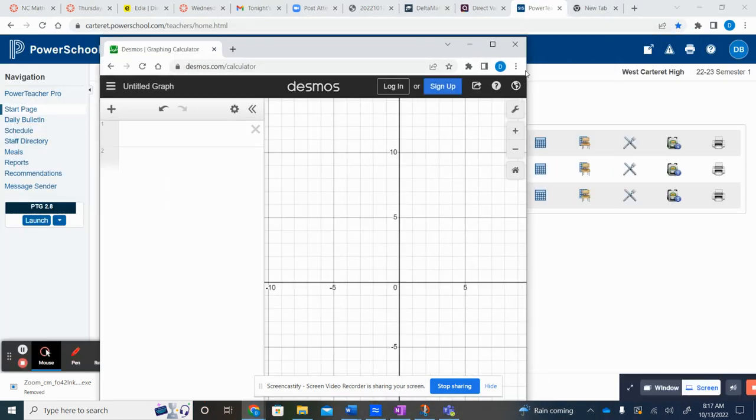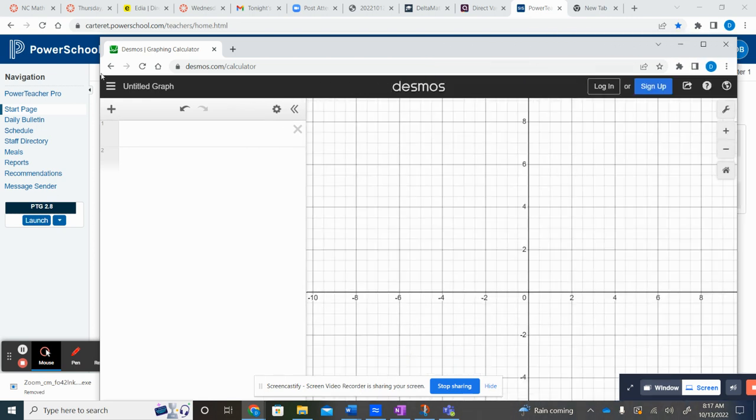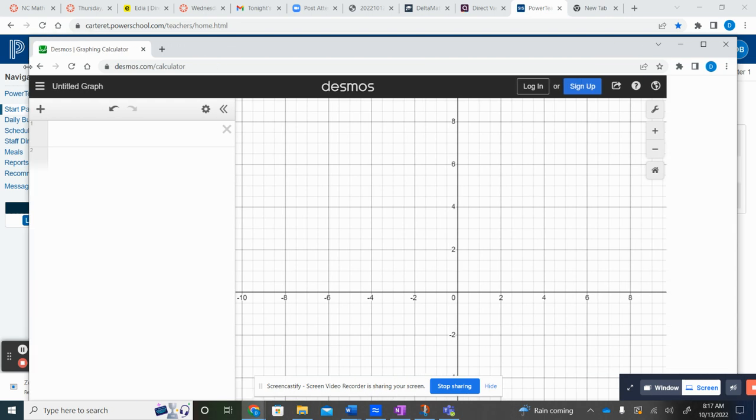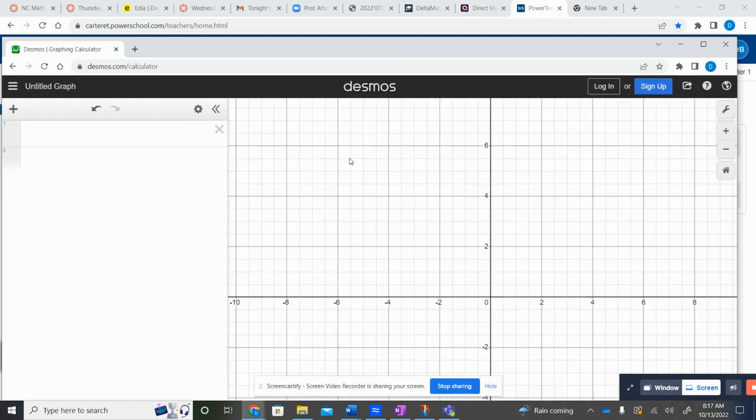I have to pull it down a little bit so you can see the top. All right. So does everybody see this little plus button here in Desmos? I want you to click that plus, and we're going to click on the table because our data is presented to us as a table. Do you see that?